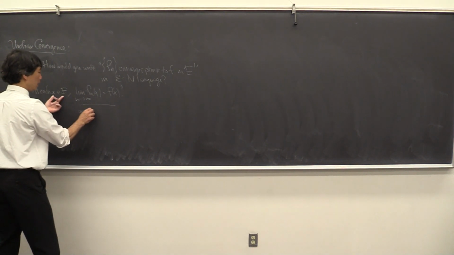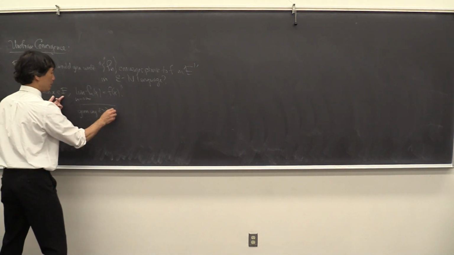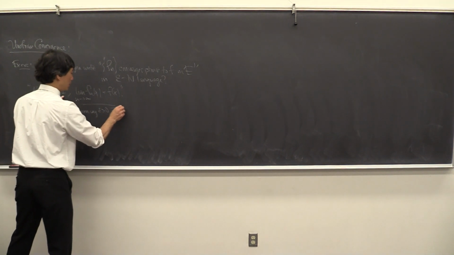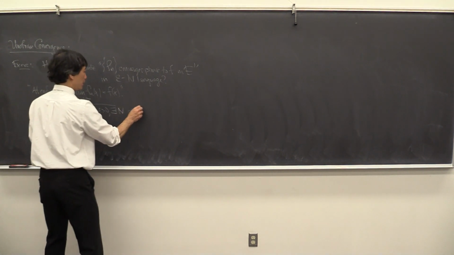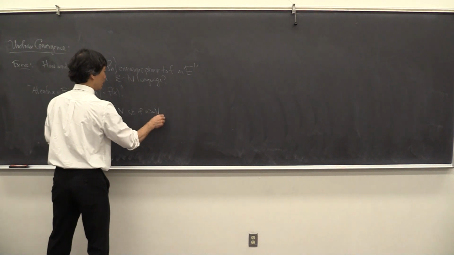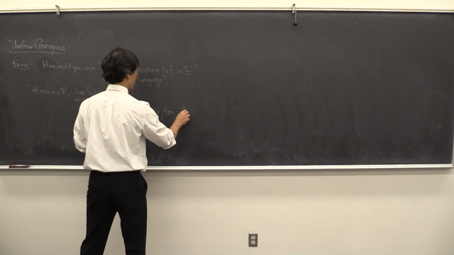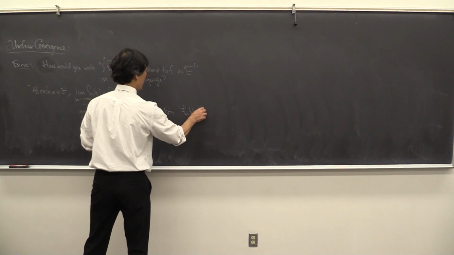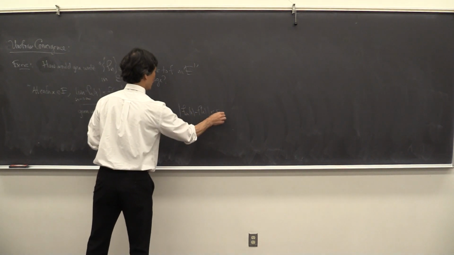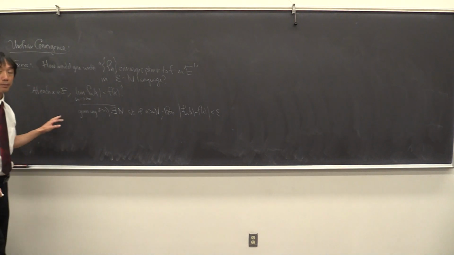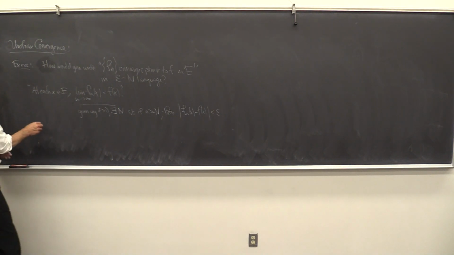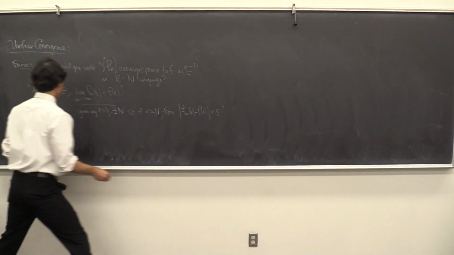given any epsilon greater than 0, there exists a time such that if you're past that time, then the distance between f_n(x) and f(x) is smaller than epsilon. So that's the definition. That's the language.